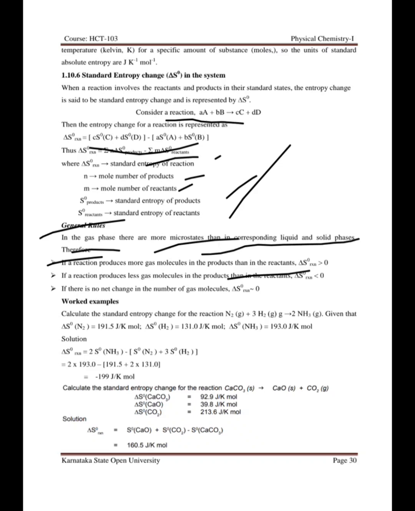If the reaction produces more gas molecules after completion, it is delta S naught reaction greater than 0. And if the reaction produces fewer gas molecules in the products than in the reactants, delta S naught is less than 0.